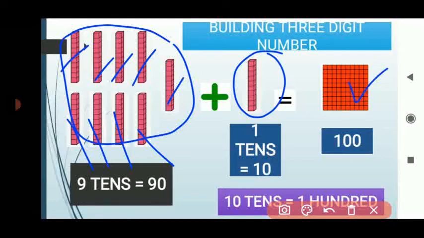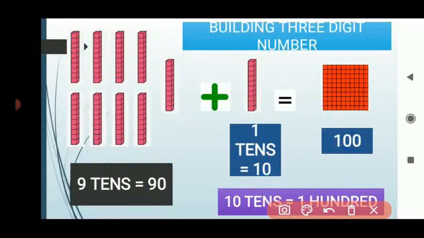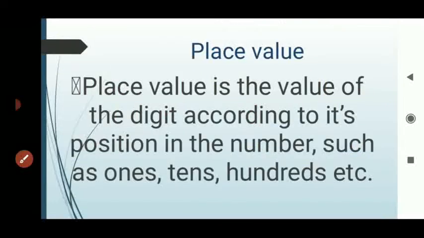So 90 plus 10 will be 100. We will show the 100 by this grid. These things you all know and it is very easy. We had learnt this in the previous video when we were learning about building 3-digit numbers. Now, let us understand what is a place value.